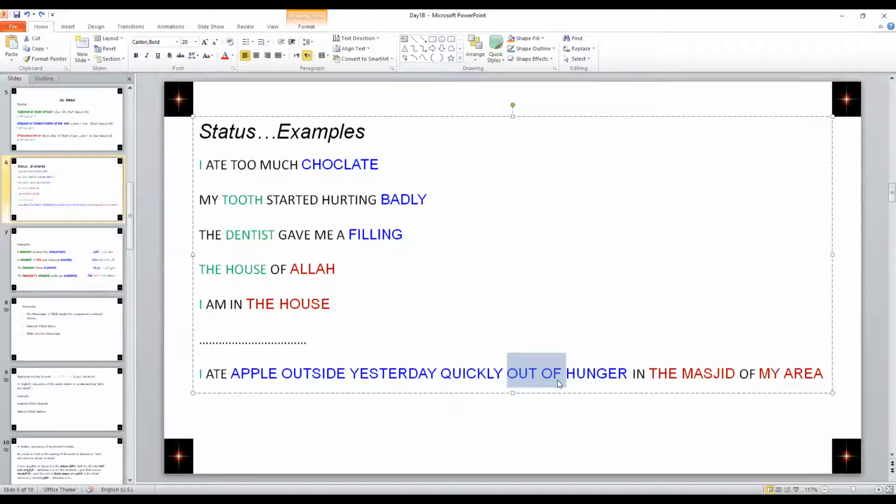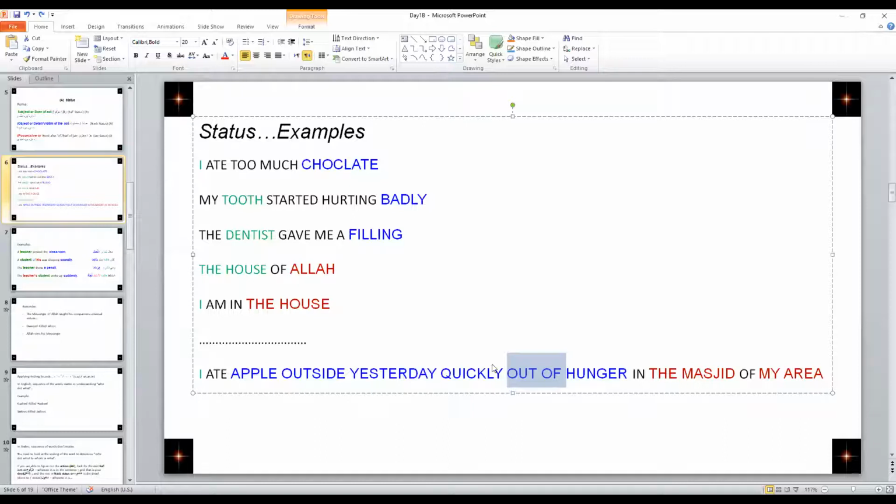For instance, when I say أكلت التفاح خارج البيت بسرعة جوعا. If you are going to translate the word جوعا in English, you can't say hungry or hunger. You say "out of hunger." So the words "out of" are there because you want to express the word hunger in English. You cannot say hungrily, for instance.